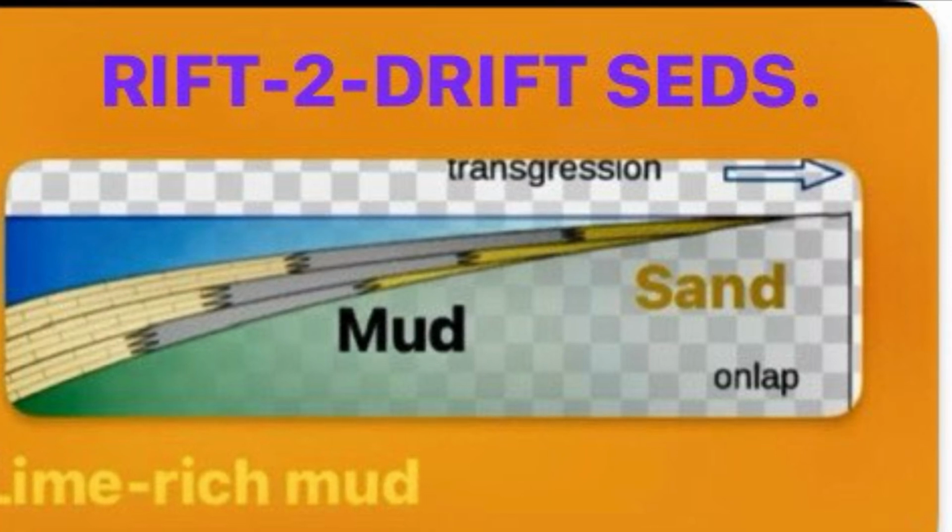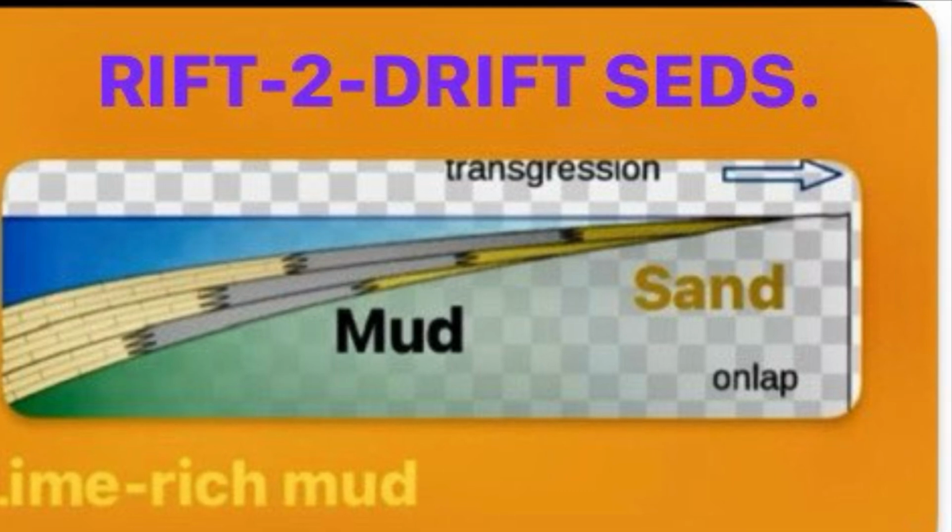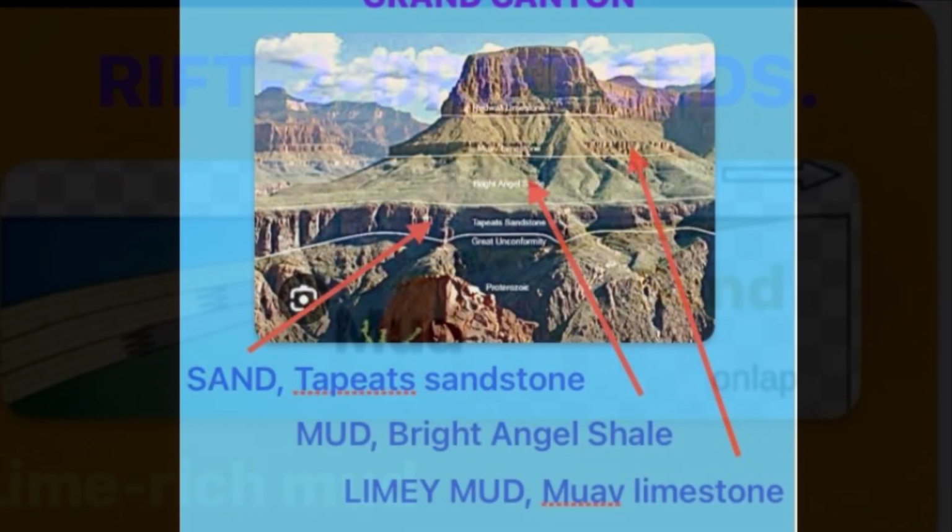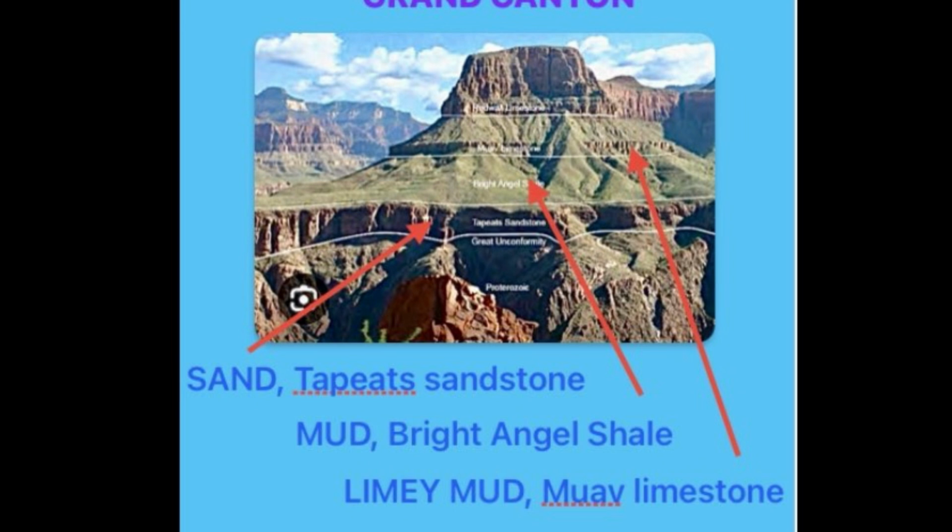And these layers taken together are called the rift-to-drift sequence of sediments. The rift-to-drift sequence of sediments covered just about the entire North American continent. And in the Grand Canyon, they lay right on top of the Vishnu Basement rocks or right on top of the Grand Canyon supergroup rocks.